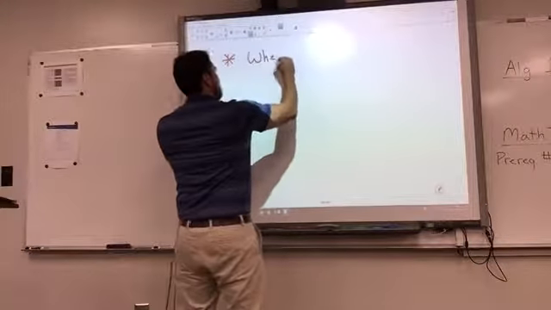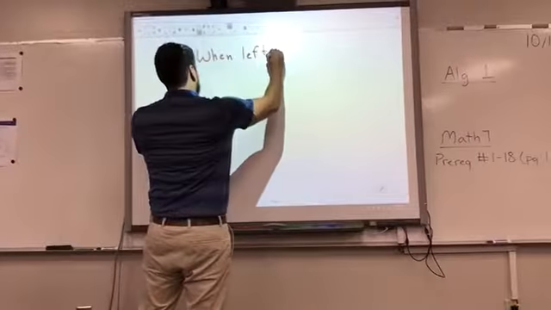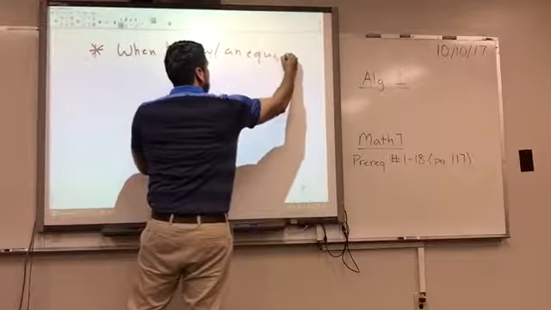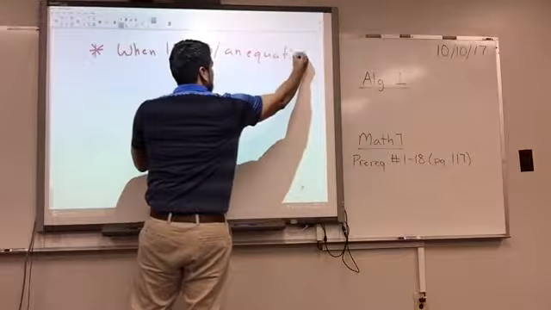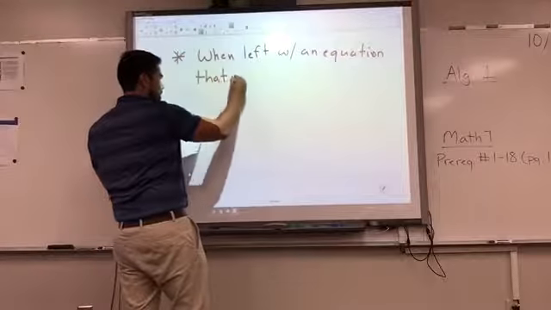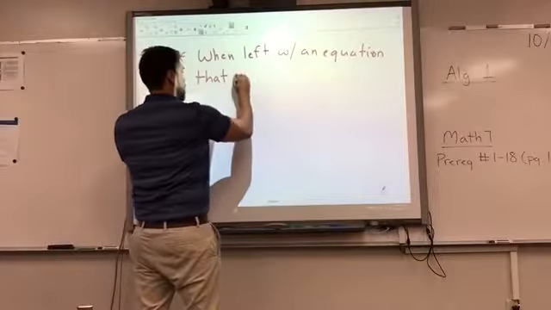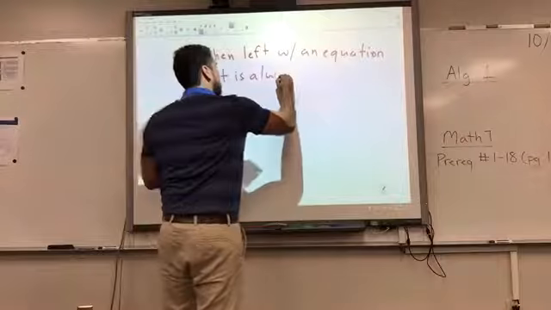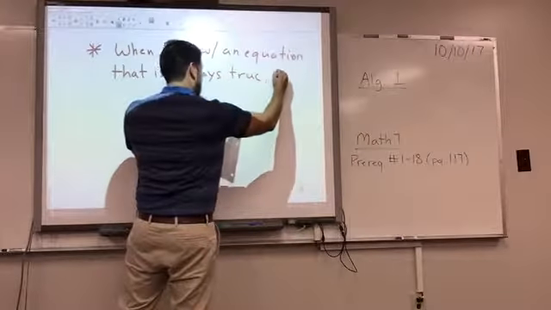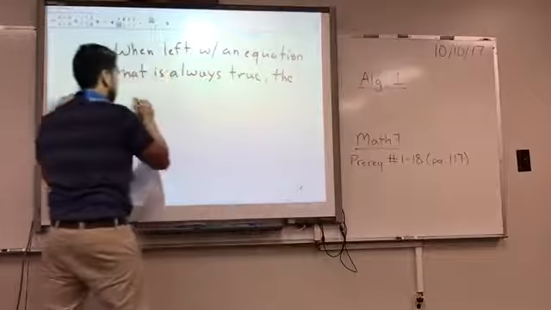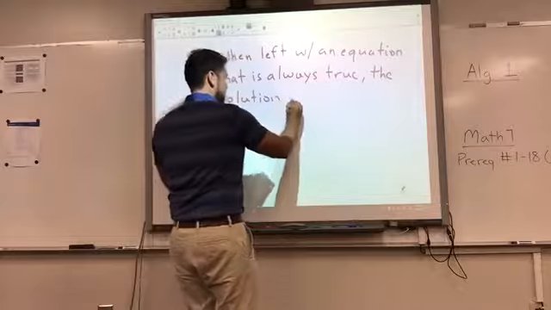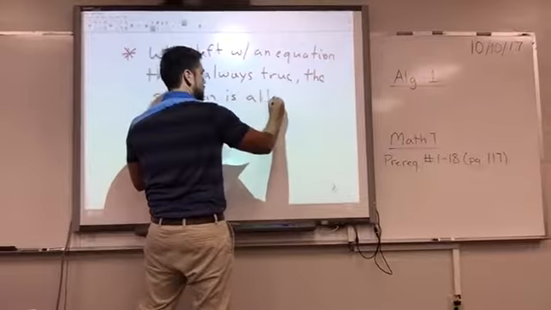When left with an equation that is always true, like 9 equals 9, that's always true, the solution is all numbers.